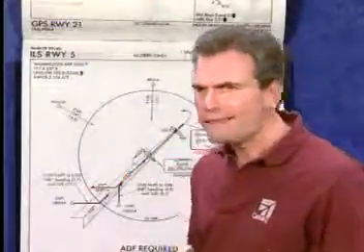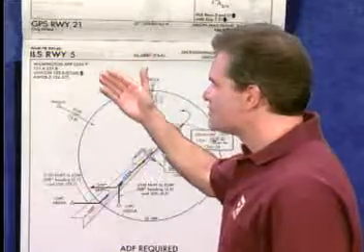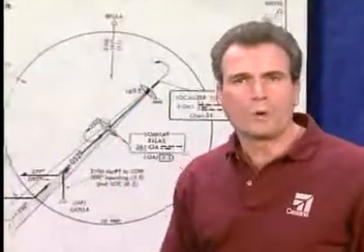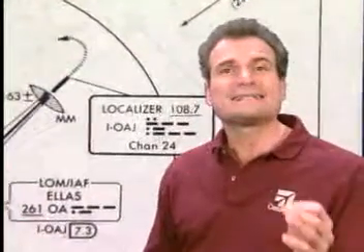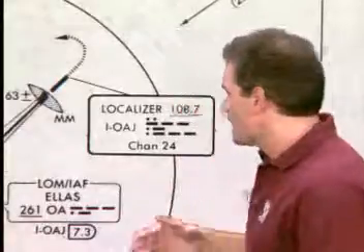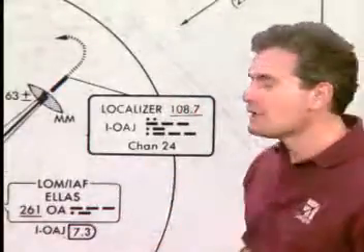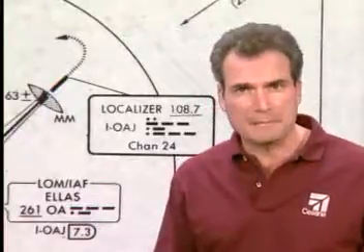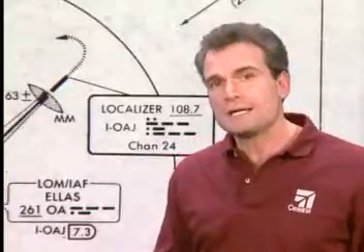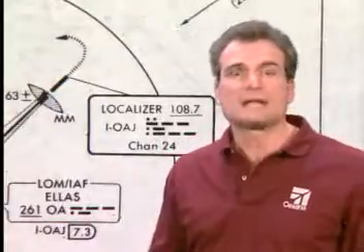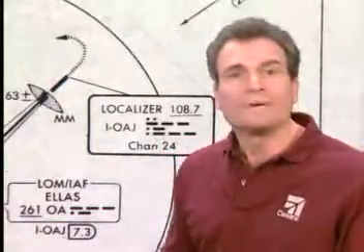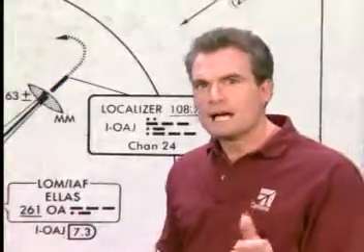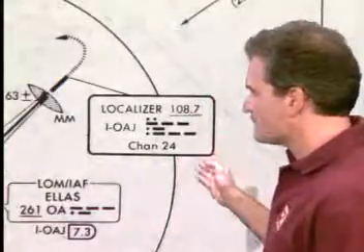Now, nothing in this approach says GPS, but as you already know, this ILS has DME information available. And you also know that GPS can often substitute for DME. So why not use the GPS to get DME information here? Well, the simple answer, you're not allowed to when the DME information comes on the localizer frequency.